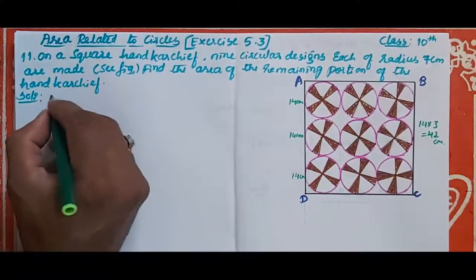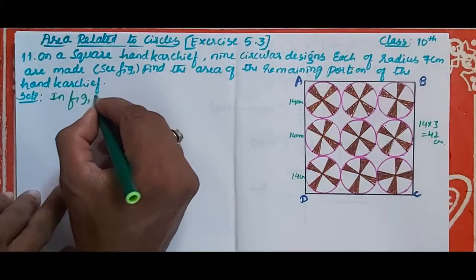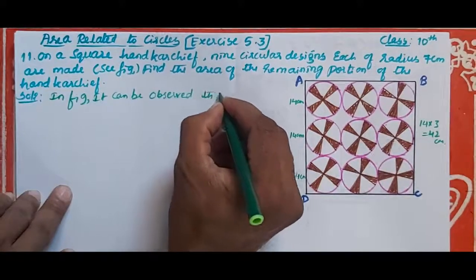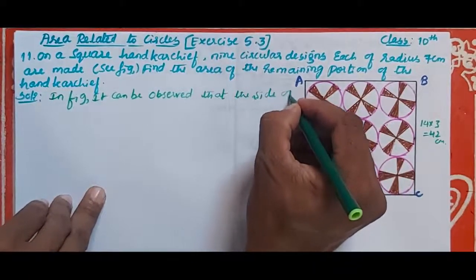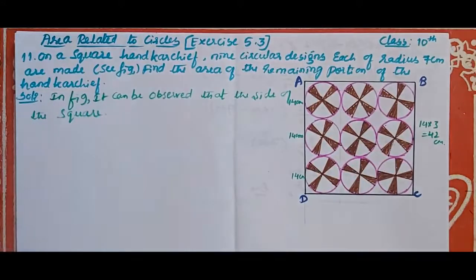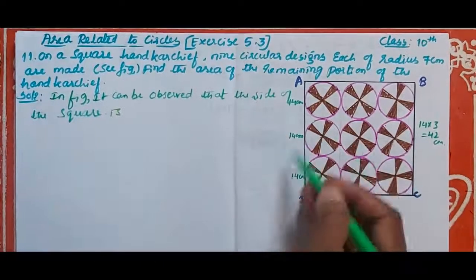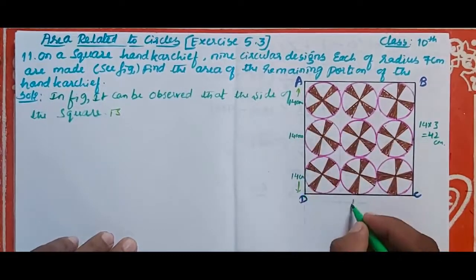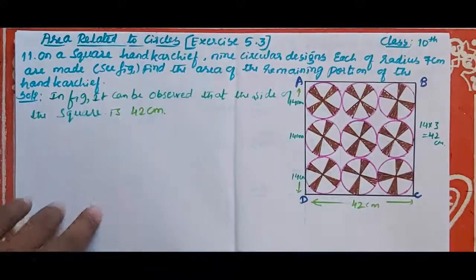In the figure, solution: in the figure it can be observed that the side of the square is how much centimeter? 42 centimeter, right? 42 centimeter.